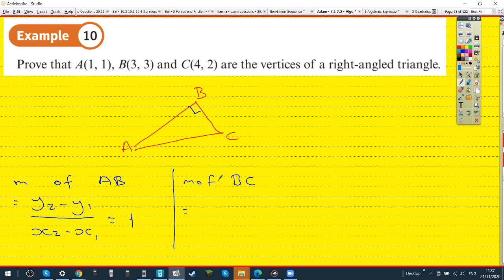It'd be 2 minus 3 over 4 minus 3, which gives you minus 1.